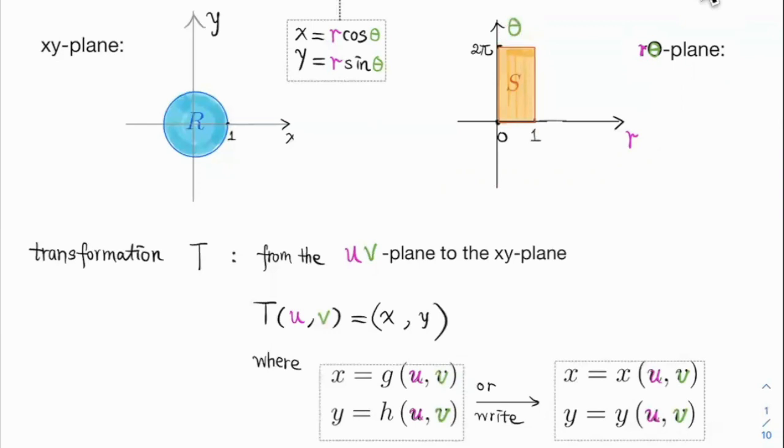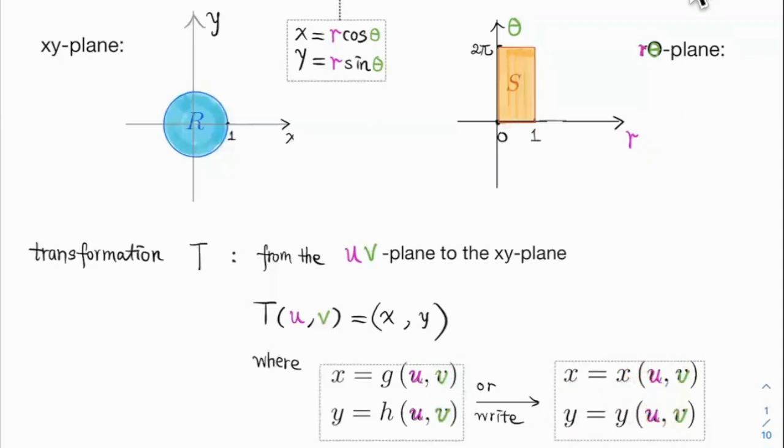So we consider a change of variables given by a transformation from the uv plane to the xy plane, where x is a function of u and v, and y is a function of u and v. Or we sometimes write this as x equals x of u and v, y equals y of u and v, so that this gives you the corresponding x, and this gives you the corresponding y.